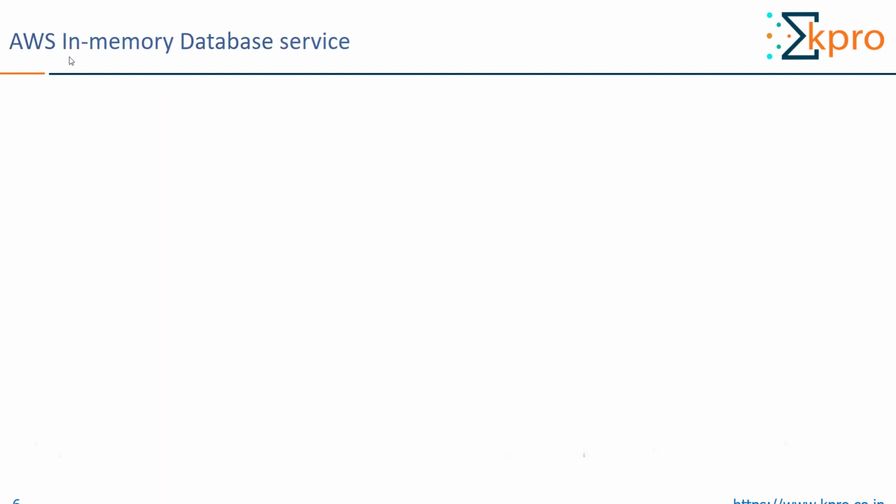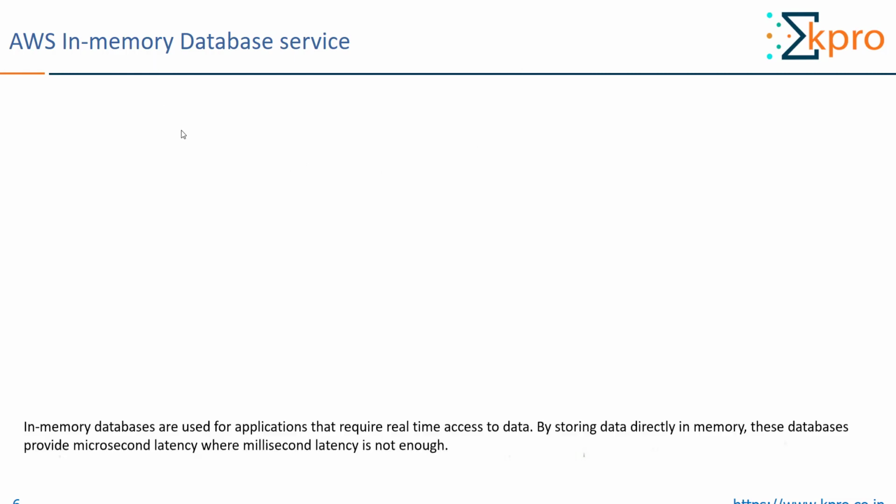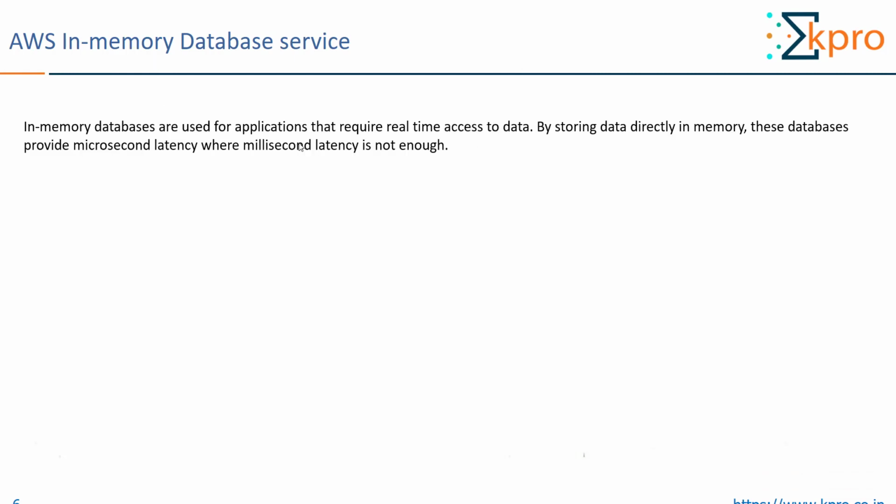Now let's come to AWS in-memory database services. An in-memory database is very similar to Oracle TimesTen. In-memory databases are used for applications that require real-time access to data. By storing data directly in memory, these databases provide microsecond latency where millisecond latency is not enough.